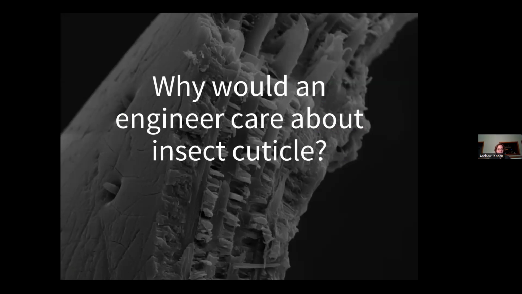Arthropod cuticle in general is rather special because it's a type of composite called a fibrous laminate composite. These are things that only in recent years have been adapted for use by humans.